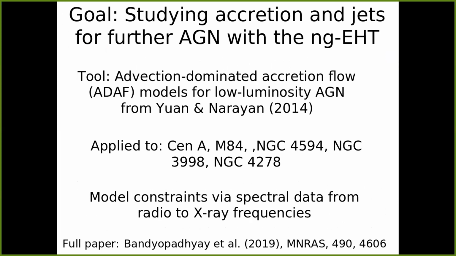And we've been using available spectral data ranging from the radio range to the X-ray frequency to compare different model predictions and to optimize our models to fit the spectra, and then to check what the expected emission profiles are and whether we could detect and resolve them with the EHT. These results are published, so they're in the paper below. It's also on arXiv. Since I will have to be a bit short here, you can find the full information in the paper.